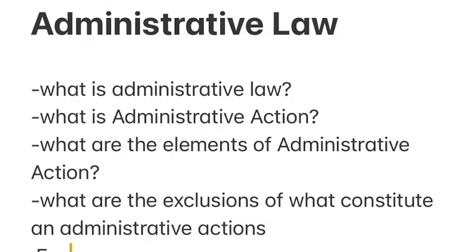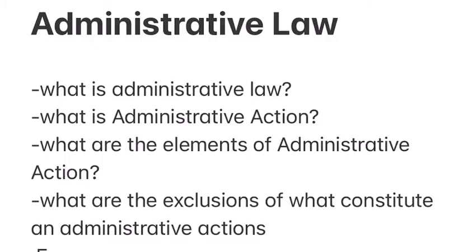If they fail to act, automatically that is an administrative action. The reason is that section 1 of the PAJA says an administrative action is a decision or failure to take a decision, and in this case Home Affairs failed to act because they failed to help you or deliver that specific ID. That is how you identify an administrative action.